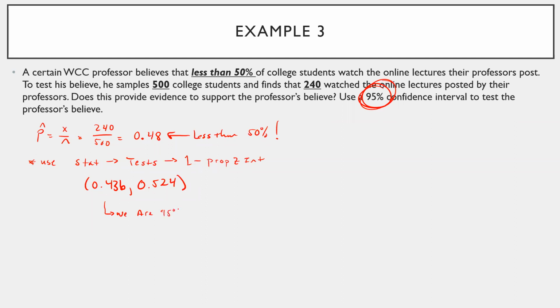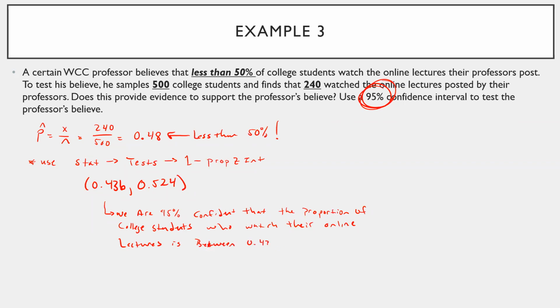We are 95% confident that the proportion of college students who watch their online lectures is between 0.436, which is 43.6%, to 0.524, which is 52.4%.